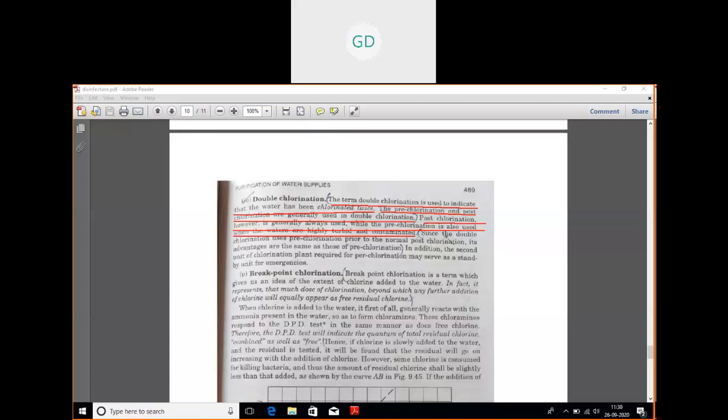Since double chlorination uses pre-chlorination prior to the normal post-chlorination, its advantages are the same as those of pre-chlorination.